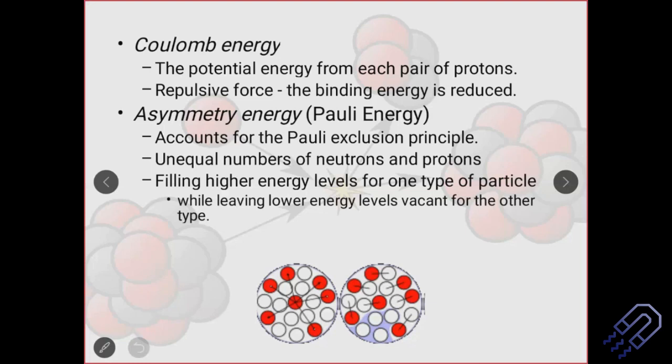You have got more and more protons and neutrons, and they will keep on filling up. We're going to go into more detail of this, so let's not think too much about it. We have got a lot of things to understand here. This happens, and then this will leave some energy level vacant for the other type. That will create an asymmetry, and this asymmetry actually reduces the binding energy.